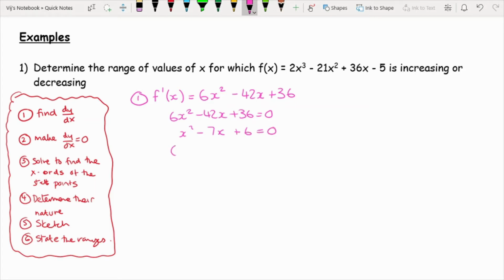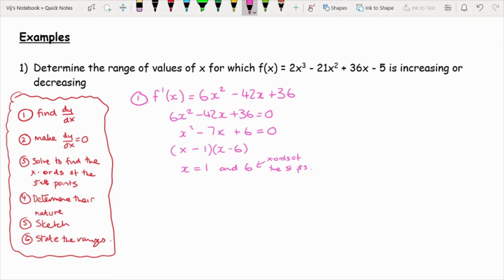So factorising it, I get x minus 1, x minus 6, which gives the x ordinates of my stationary points at 1 and 6. So these are the x ords of the stationary points.